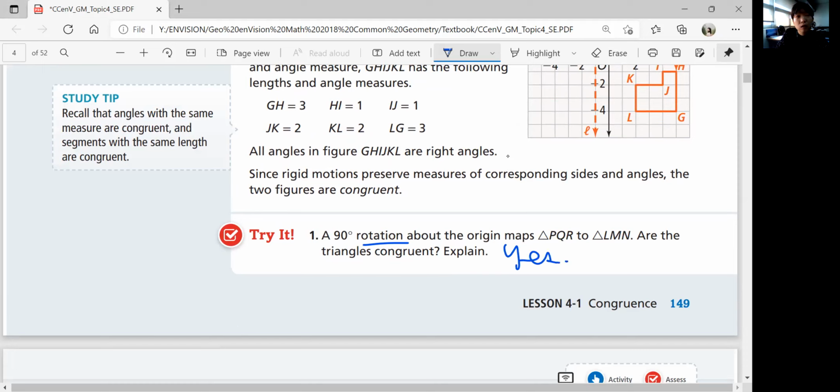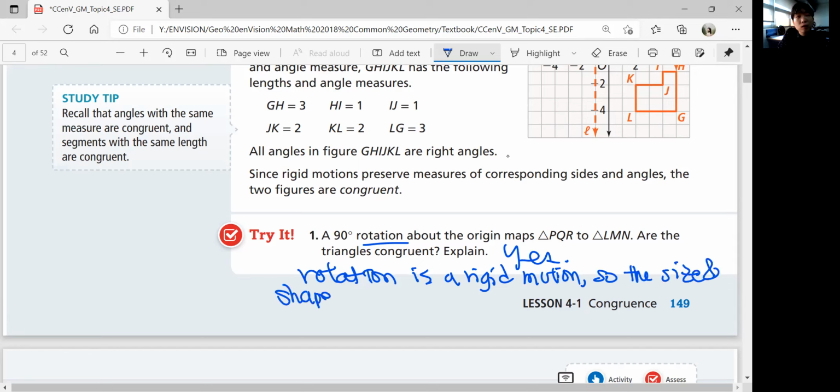Yes. Rotation is a rigid motion, so the size and shape are the same. That's how we can define congruent figures.